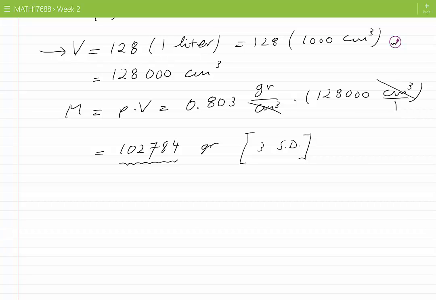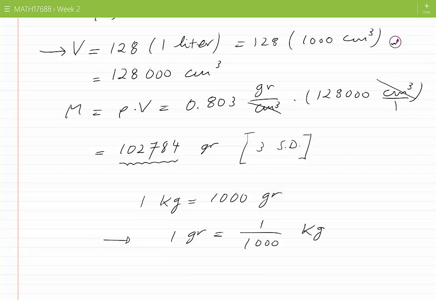We note that 1 kilogram is equal to 1000 grams. Therefore, 1 gram is equal to 1 over 1000 kilograms.